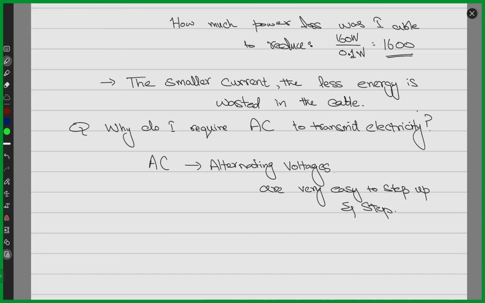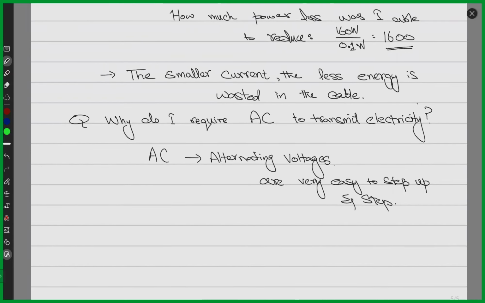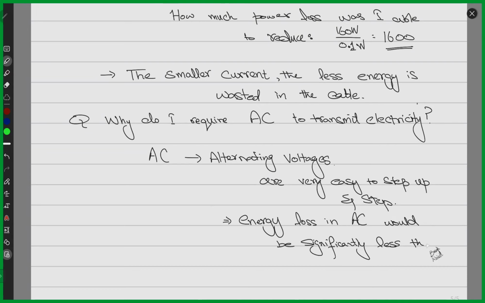What does that tell you about the energy? This means that the energy losses in AC would be significantly less than DC, because in DC we have a constant supply.